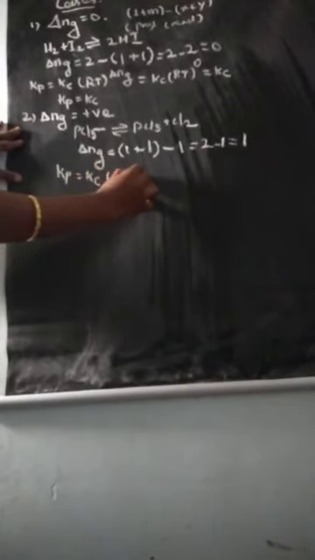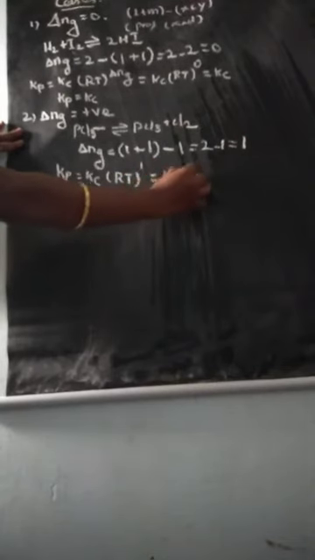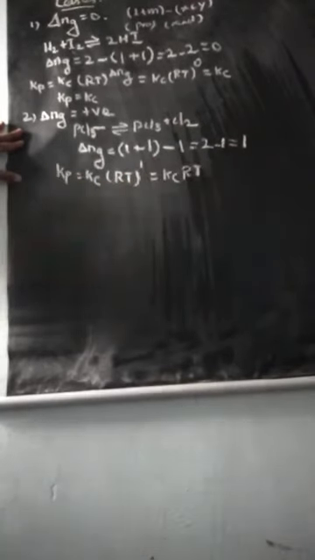Delta Ng is equal to product coefficients PCl3 1, chlorine 1, minus PCl5 1. So 2 minus 1 is equal to 1. Now you can substitute the value. Formula Kp is equal to Kc into RT power 1.